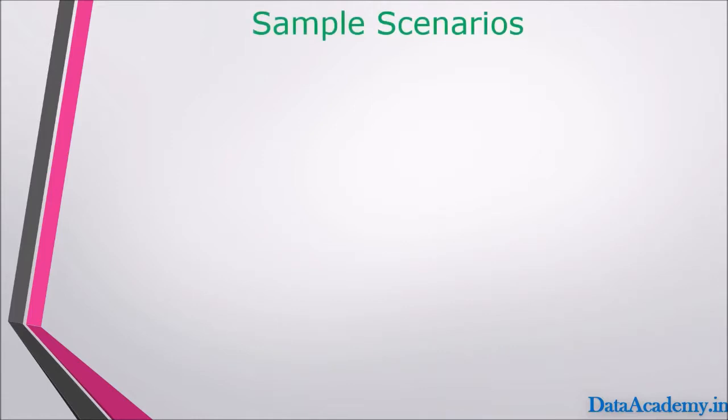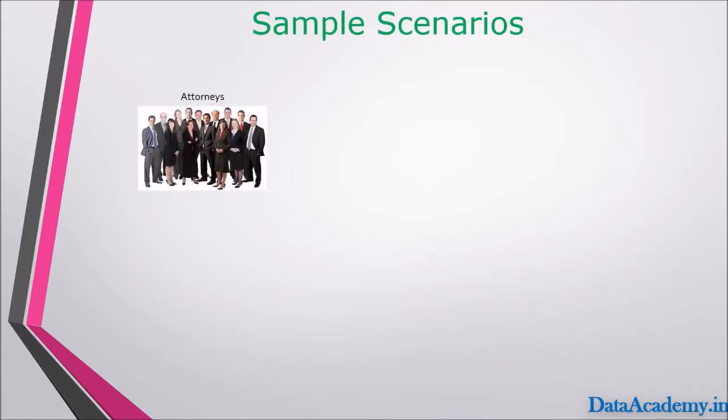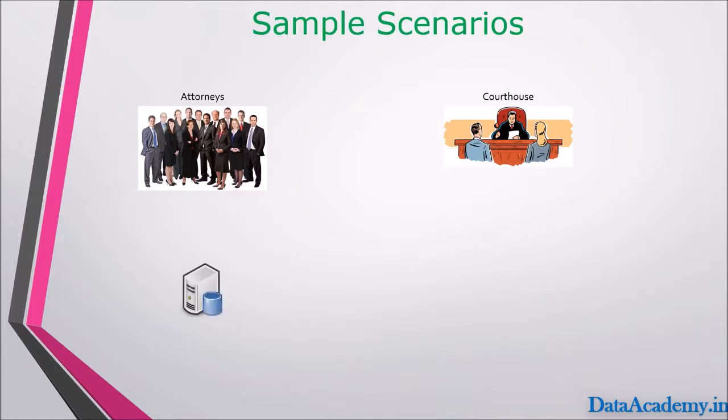Now let's look at some sample scenarios. There is an organization that is mostly made up of attorneys or lawyers, and they process cases for court. So what they do is they have an internal system which has a backend database.